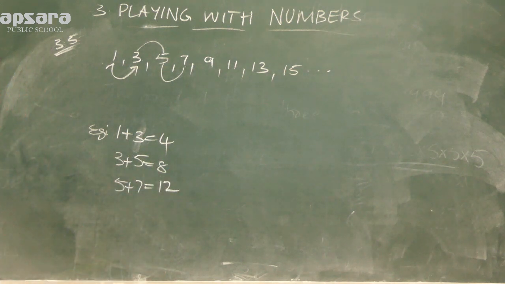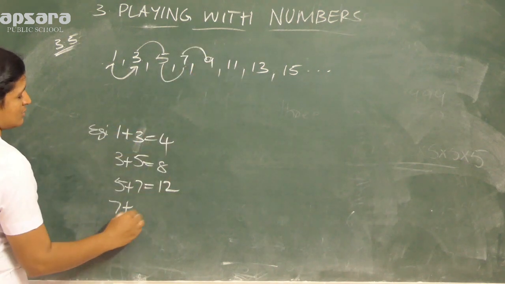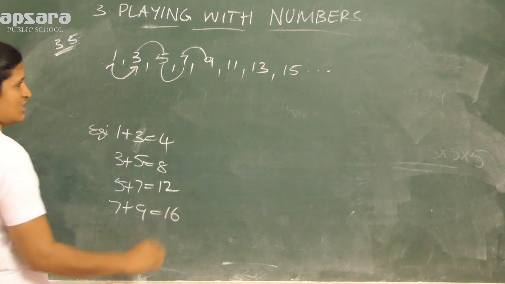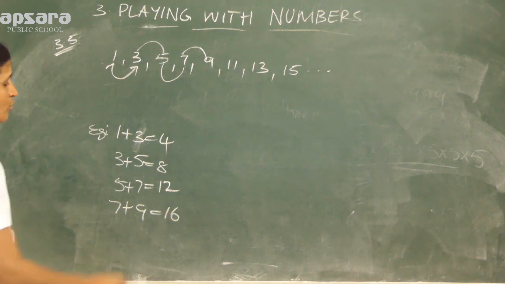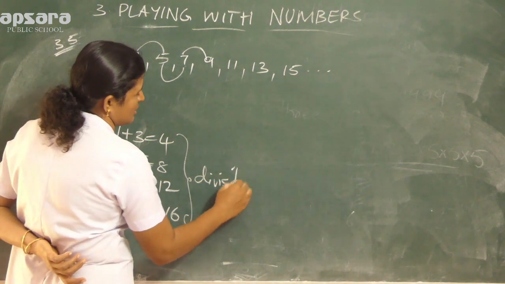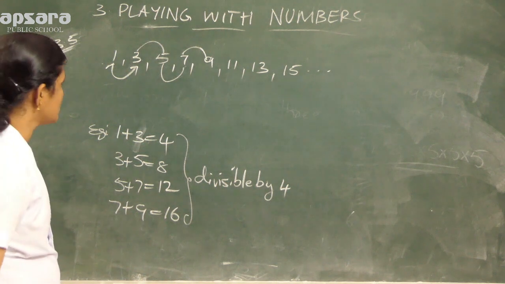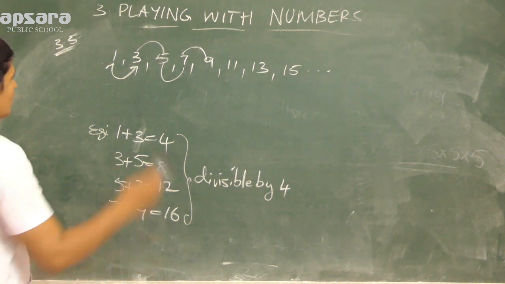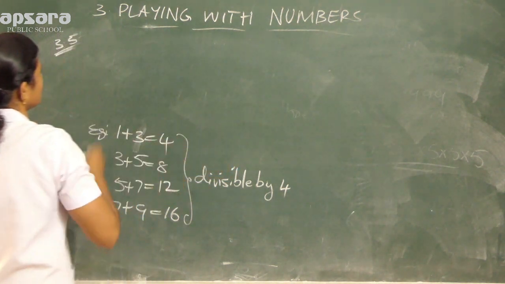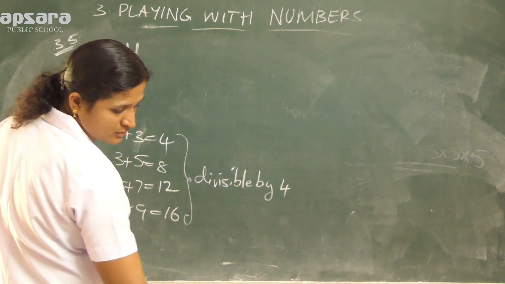Yes, 12 is divisible by 4. 7 plus 9 is 16. Yes, 16 is divisible by 4. All these numbers are divisible by 4. Okay, can you write the answer? Write down. First write a few odd numbers. Question number 8, right?